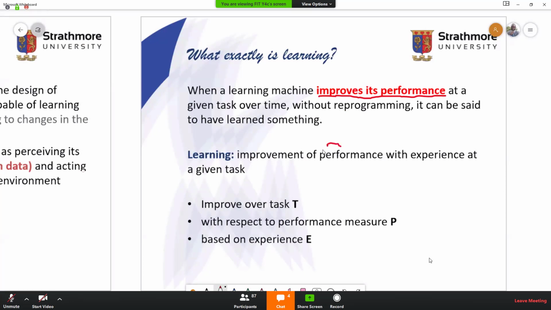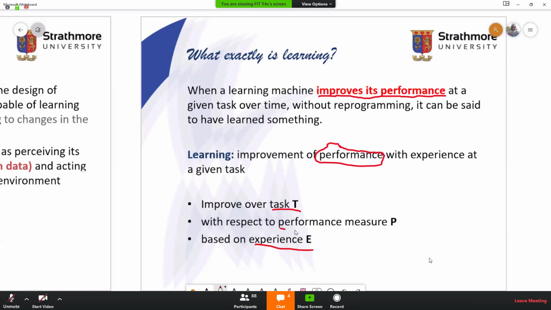So this means there are three things that are important whenever we want to do learning or machine learning. There is a task, of course. That task is task T. Then there is some data set, which we will call experience.